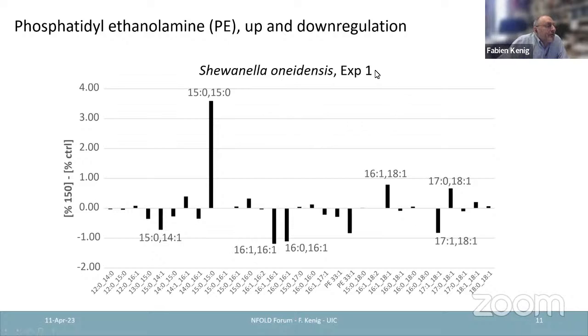So this is experiment 1, and in experiment 2 this 15-15 is a little bit less abundant, but essentially the same compounds are upregulated. And of course, the middle experiment had a rather different signal that we cannot completely explain at this point.